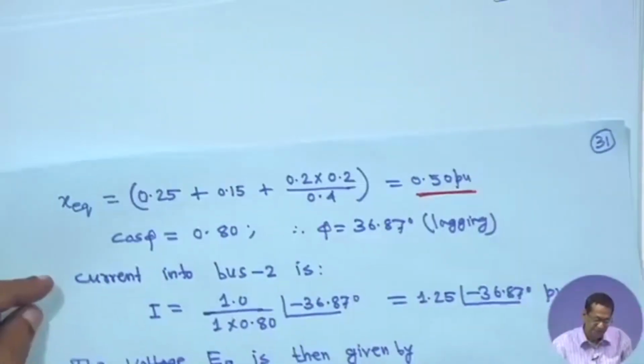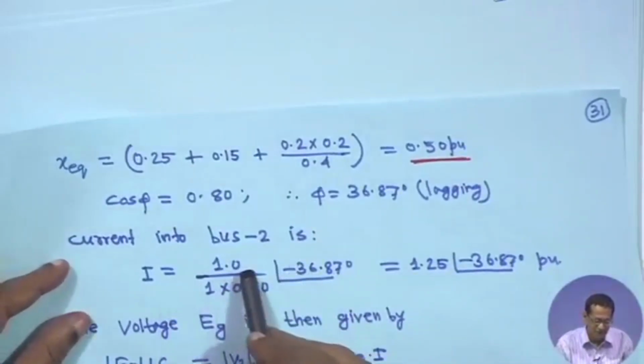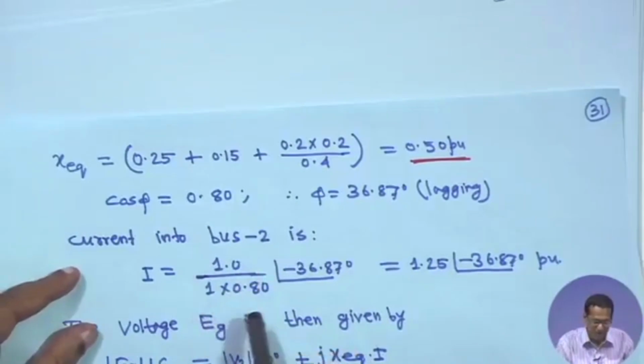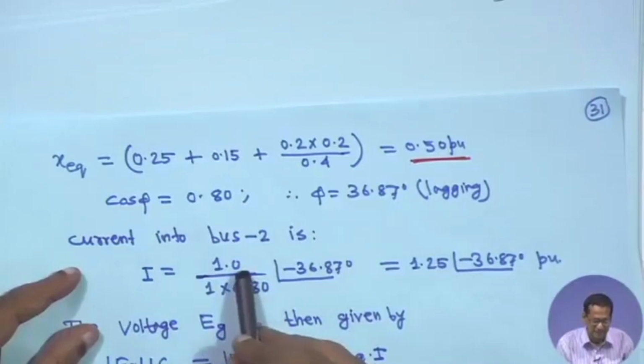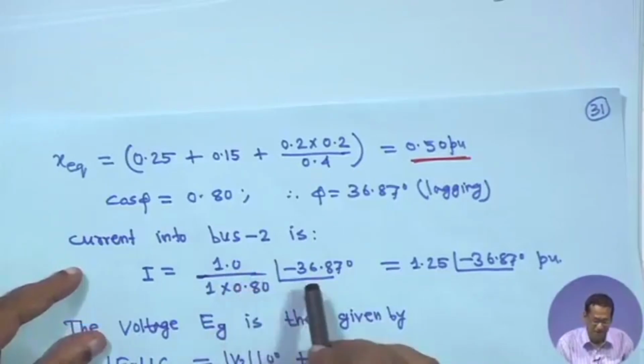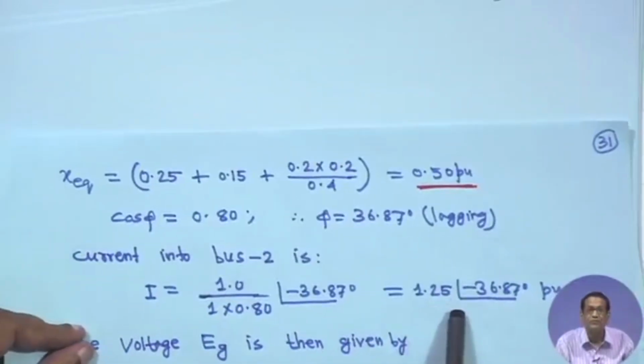That means the current at bus 2 will be from V I cos phi. So, I is equal to 1, this is the input power, divided by the infinite bus voltage, into 0.8, the power factor. V I cos phi is equal to 1, everything in per unit but lagging. So, minus 36.87, that is 1.25 angle minus 36.87 degree.